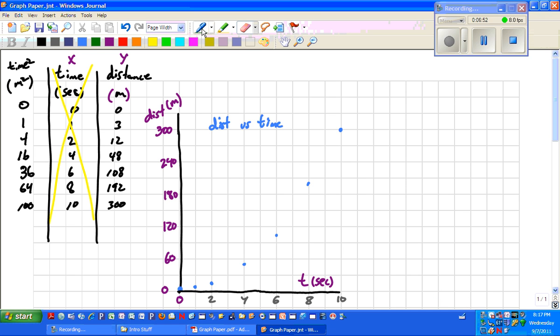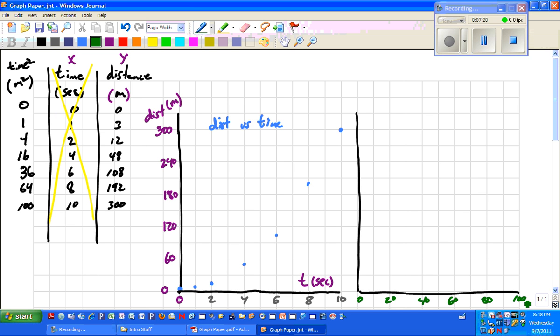So I want here. It's going to be kind of tight, but I can do this. Right about here, go down here. So this will be 0, 10, 20, 30, 40, 50, 60, 70, 80, 90, 100.